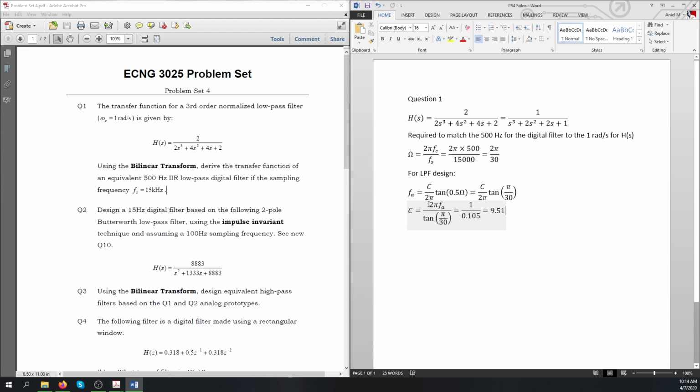Now the reason why the 2 pi fa here resolves to 1 is because 2 pi times the frequency will just give us the omega, which is our analog frequency. The analog frequency which was given to us was omega c equal to 1 radian per second. So 2 pi fa will just resolve to 1. Tan of pi on 30 will be this 0.105, and the division will end up giving us the 9.51.